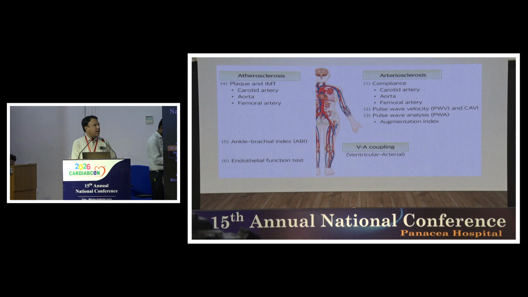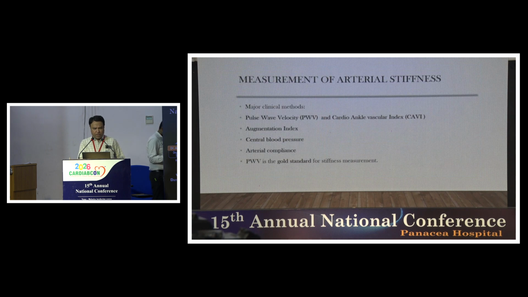Endothelial function tests are not available as a clinical tool; they are all in research. Atherosclerosis we measure on Doppler study of the carotid artery, and in the aorta and femoral artery we can measure the flow. Intima media thickness is used in the carotid.